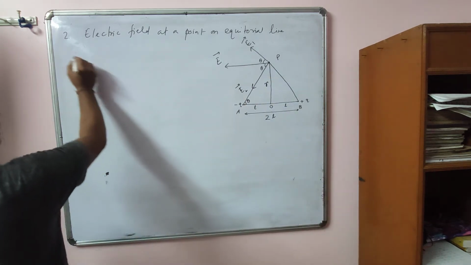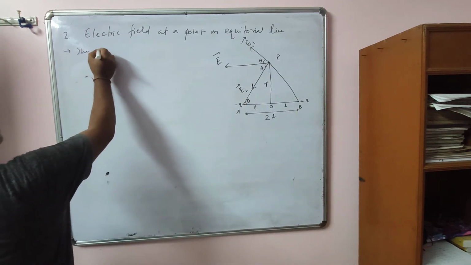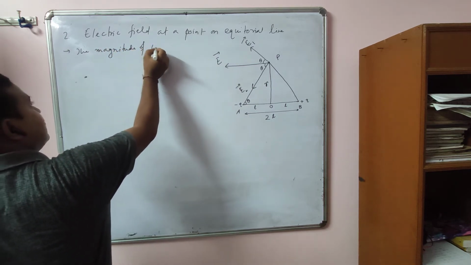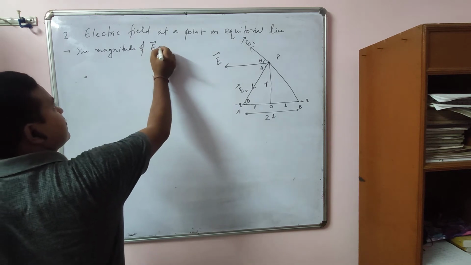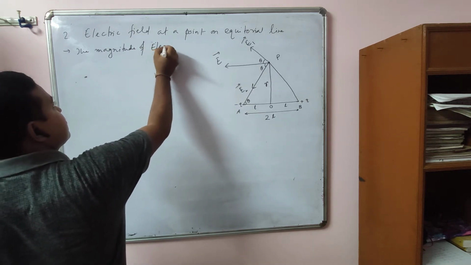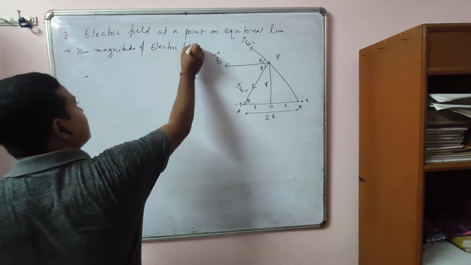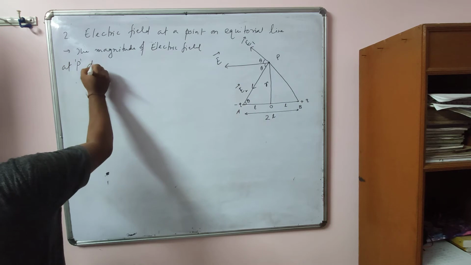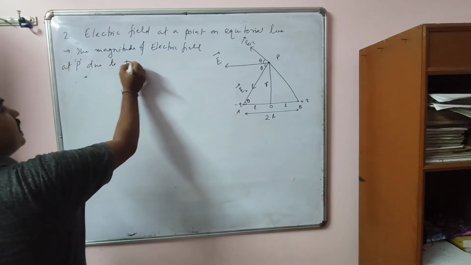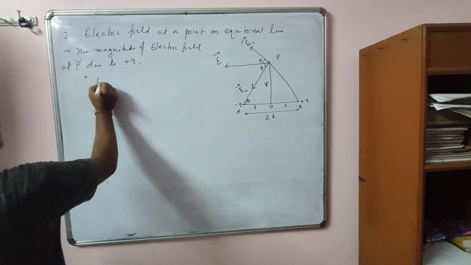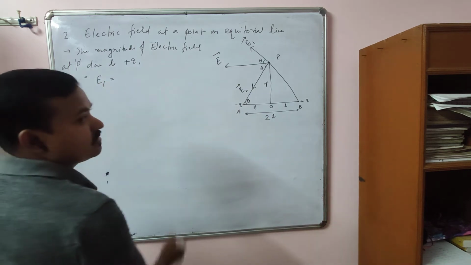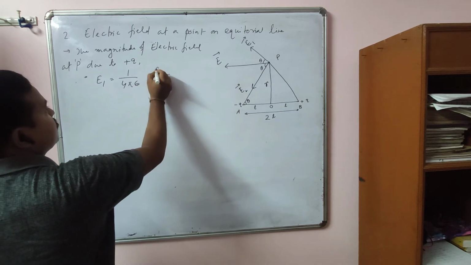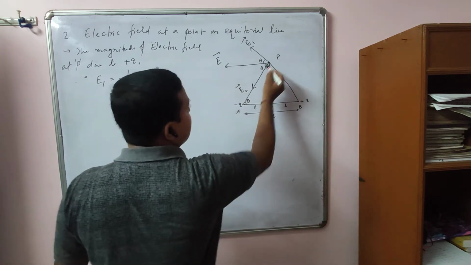The magnitude of the electric field at P due to plus q: what will be its value?